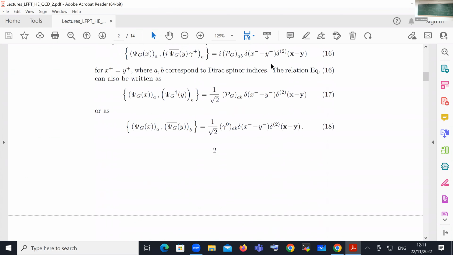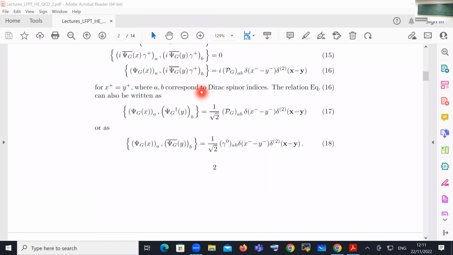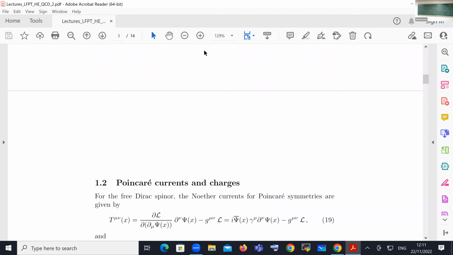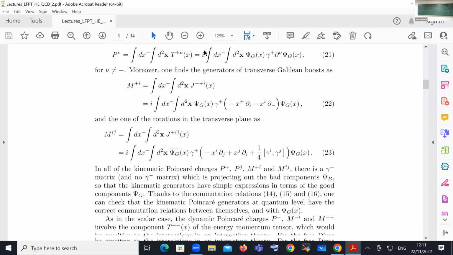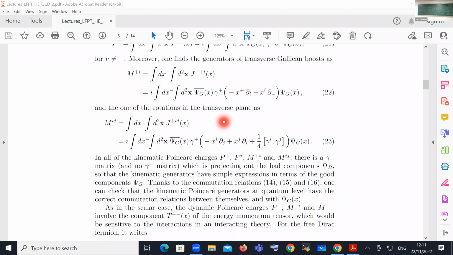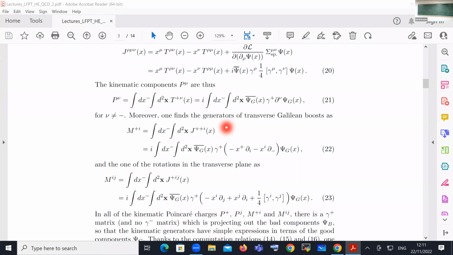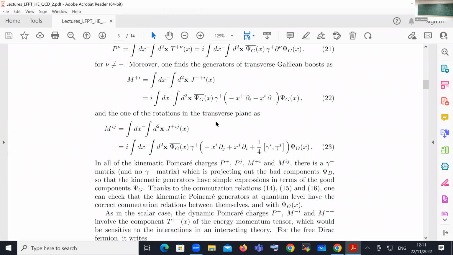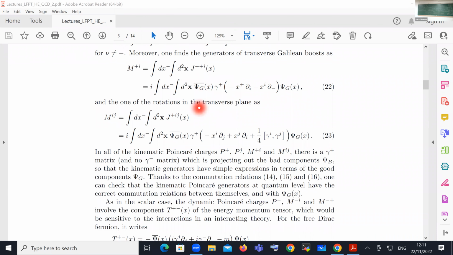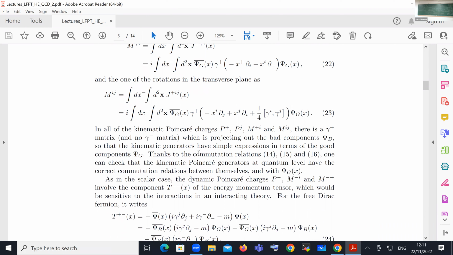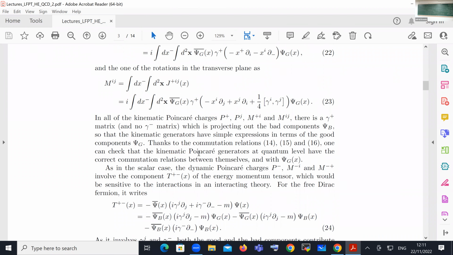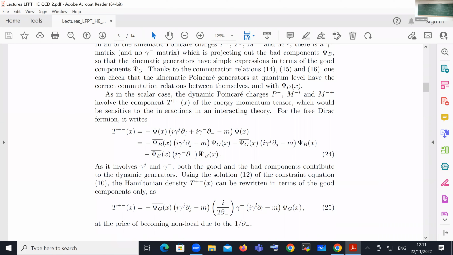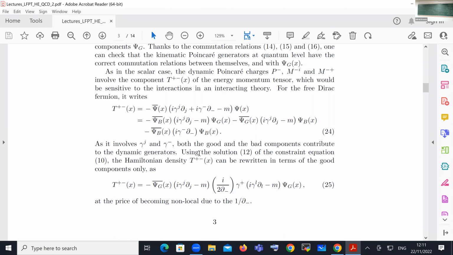And then by playing with this anti-commutation relation here, you can in principle check that you get all the proper commutation relations between these kinematic generators and the field, in order to generate the kinematic Poincaré transformations in a correct way, and also the kinematic part of the Poincaré algebra and so on. It's a lot of algebra, but that can be done, and there is no problem in that.